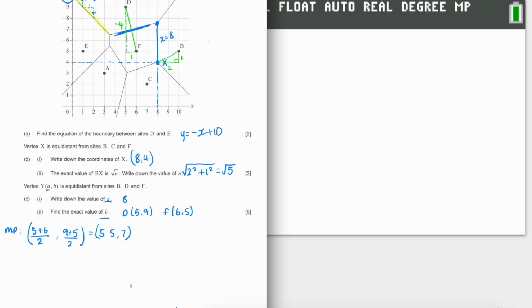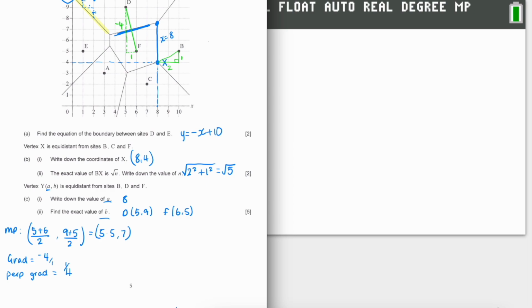So negative 4 over 1. So the gradient of the original was equal to negative 4 over 1, or just negative 4. And therefore the perpendicular gradient between the two is going to be, sorry, 1/4, positive 1/4. So it's upside down and we've swapped the sign, perpendicular gradient.